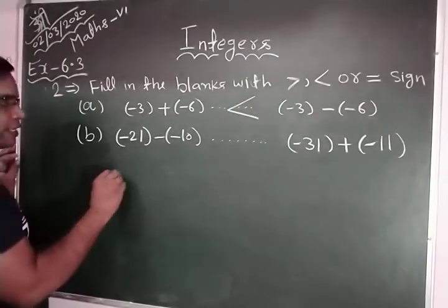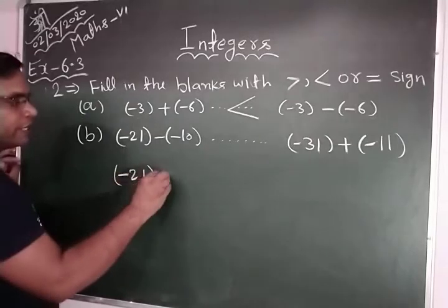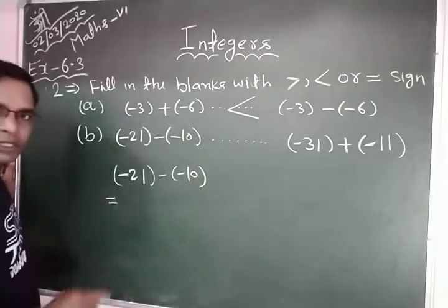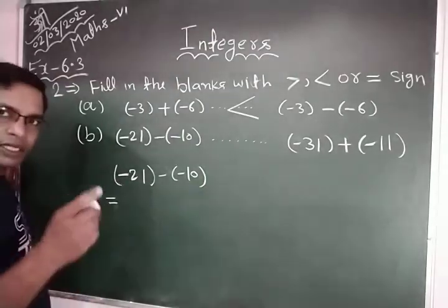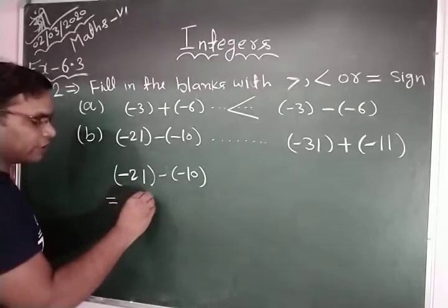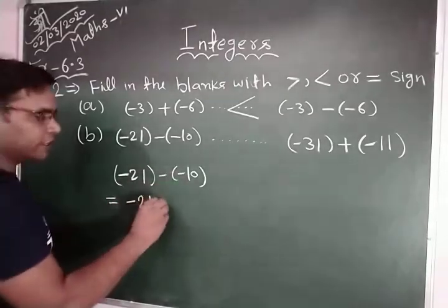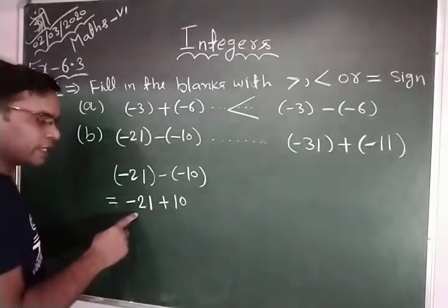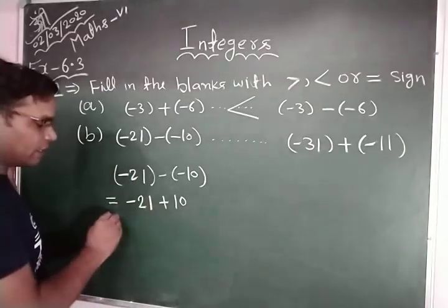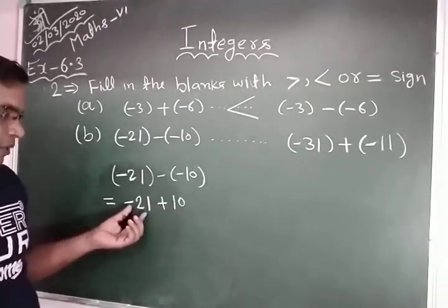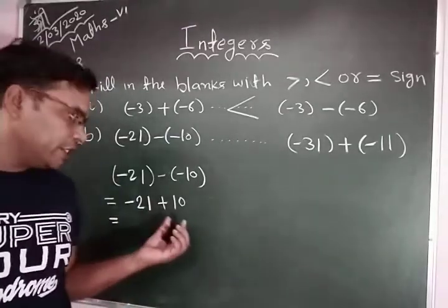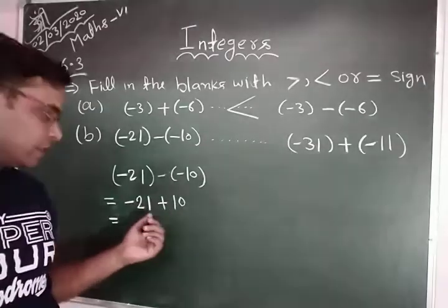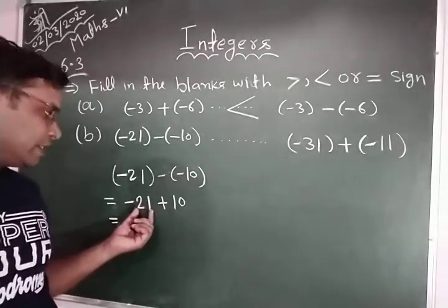So let's see. First we solve this part. Here this is given minus 21 minus 10. So we can write minus 21 as it is. Minus and plus, this becomes minus, and we write 10 as it is. So in this way we have minus 21 plus 10. Now here you can see minus 21 plus 10, both integers have different signs. Here 21 is greater than 10.